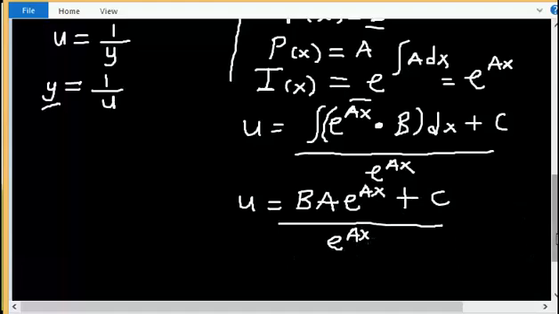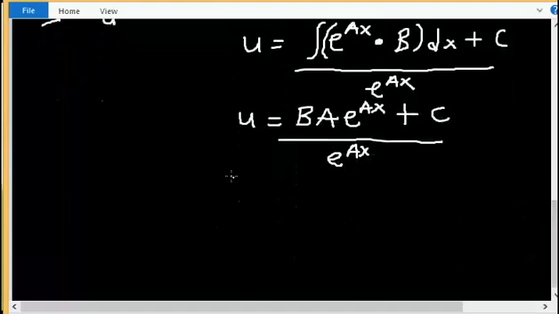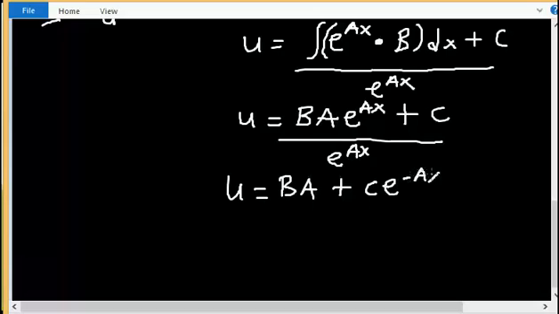To finalize my answer, I'm going to have u equal to, separating this fraction, exponent ax divided by exponent ax, that gives me 1, then plus c divided by exponent ax, which is c times exponent of minus ax.